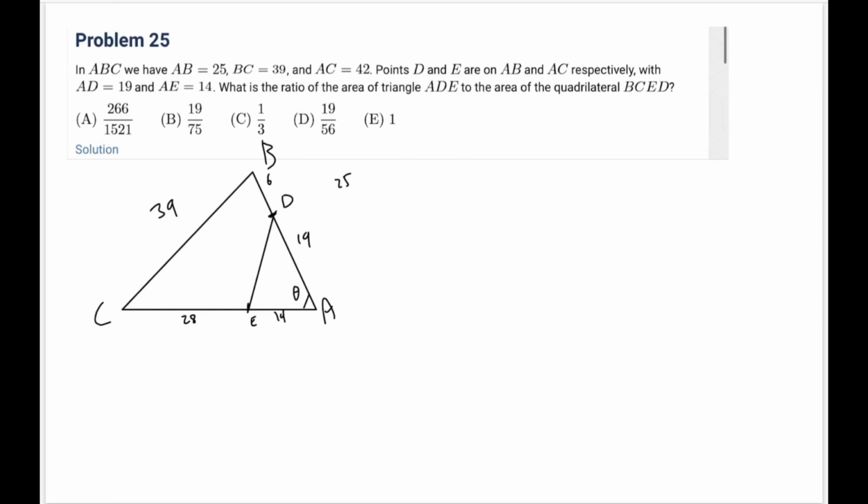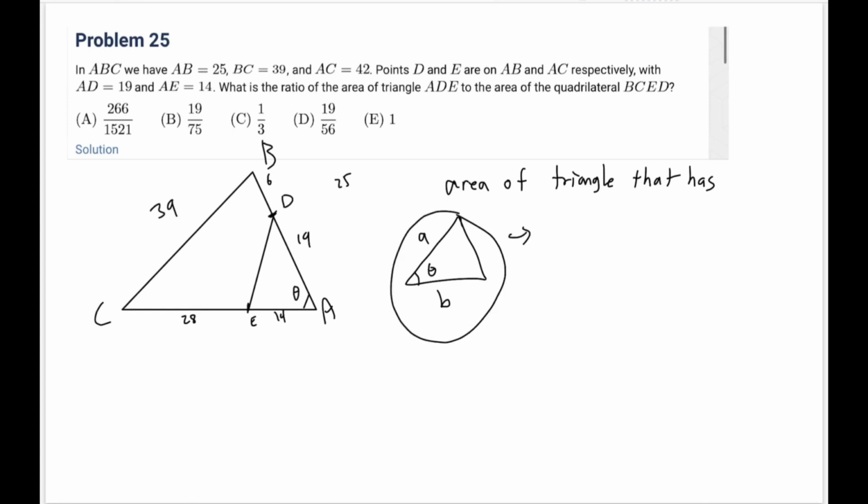Then a formula that is very helpful here is that the area of a triangle that has side lengths A and B, and the angle between them is theta, is 1/2 times A times B times sine theta.